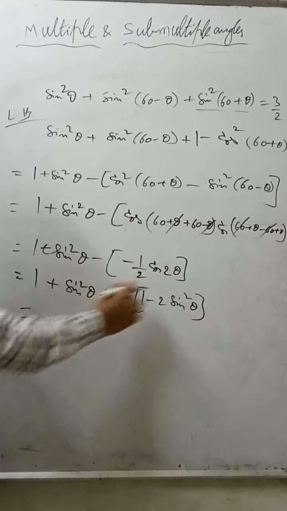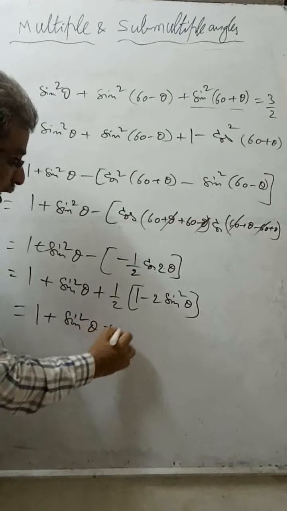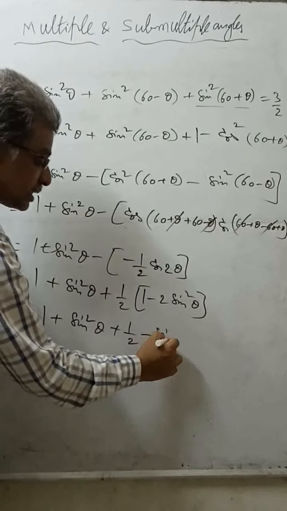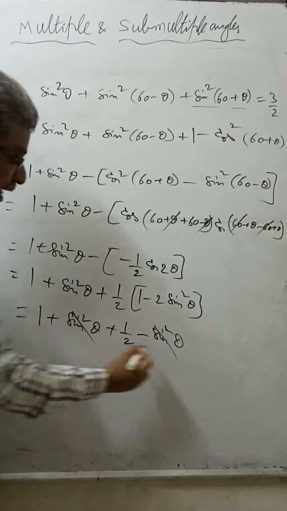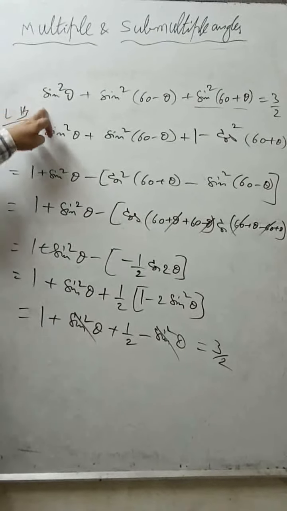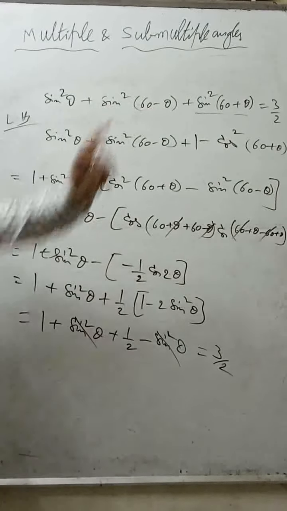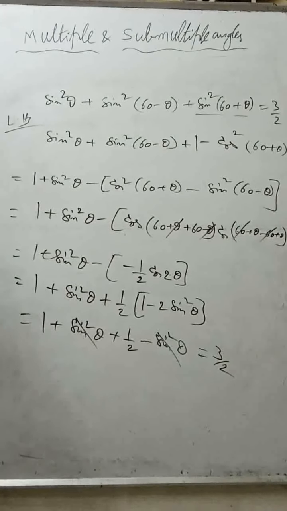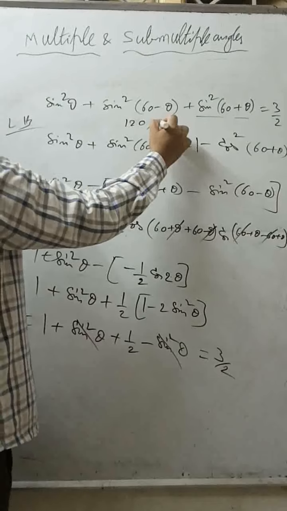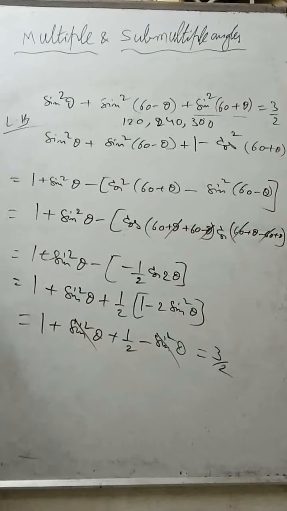Now if I open the brackets, 1 plus sin square theta plus 1 by 2 minus half into 2 sin square theta, the sin square theta cancels, left out is 3 by 2. So sin square theta plus sin square (60 minus theta) plus sin square (60 plus theta) is always equal to 3 by 2. In place of 60, if you take 120 or 240 or 300, usually the same result you will get.